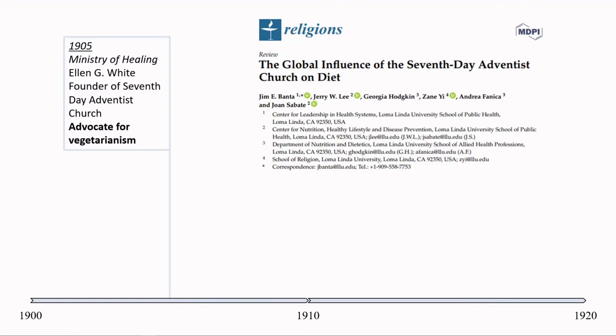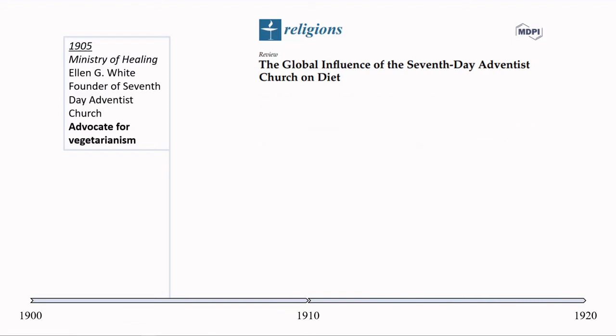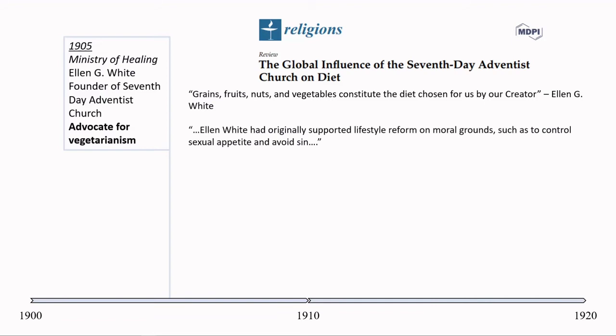The initial endorsement of vegetarianism in the early 20th century was based largely on religious and moral grounds. Ellen G. White was quoted as saying that grains, fruits, nuts, and vegetables constitute the diet chosen for us by our Creator. Additionally, the research article goes on to say that Ellen White had originally supported lifestyle reform on moral grounds, such as to control sexual appetite and avoid sin.